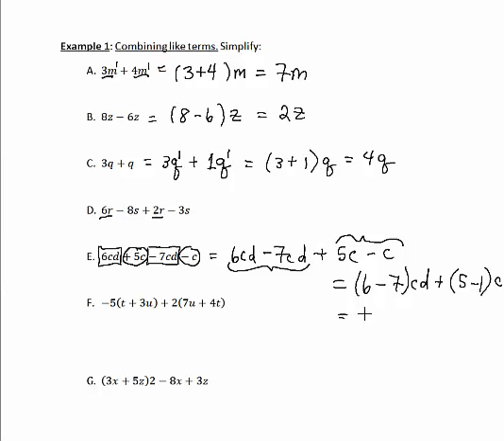So this first set of parentheses would give me a negative 1, and then I simply tag a CD behind the number. The second set would give me a plus 4 with a C attached, and then if you want to drop the 1, that's fine, just don't drop the sign. In the end, you could write this as a minus CD plus 4C. Likewise, you could write this as a 4C minus a CD.